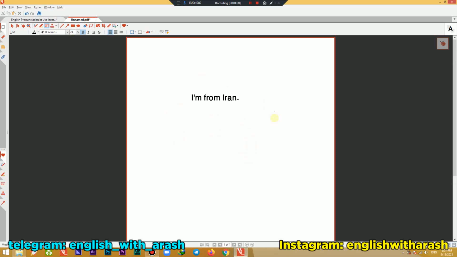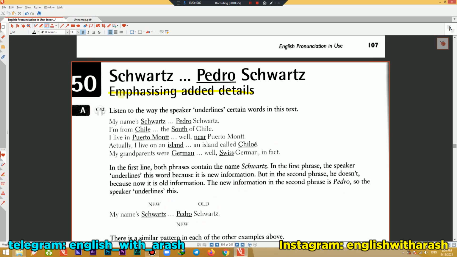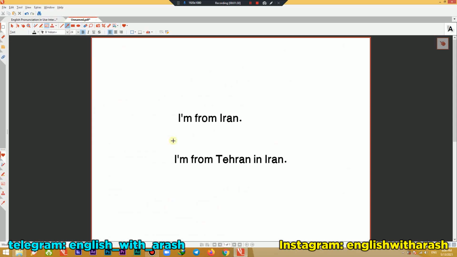Okay. So I can say I'm from Iran, and then the next time I want to add some information, I say I'm from Tehran in Iran. So here, Tehran is added information. That's what the book means when it says emphasizing added details. So now here, Tehran is added detail.